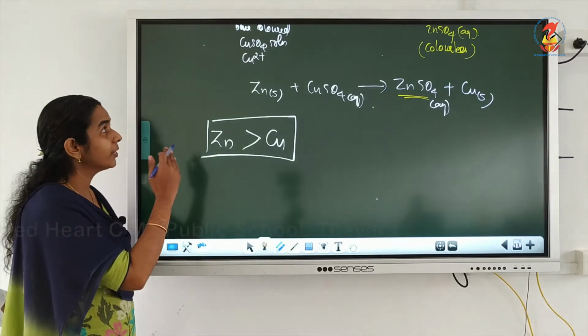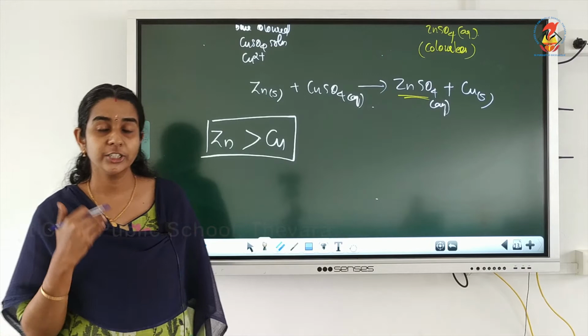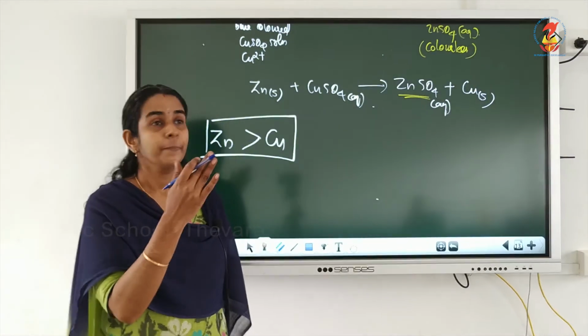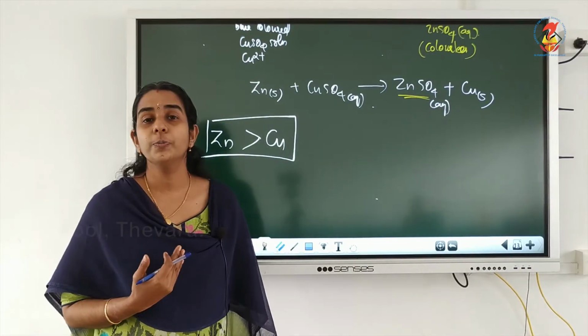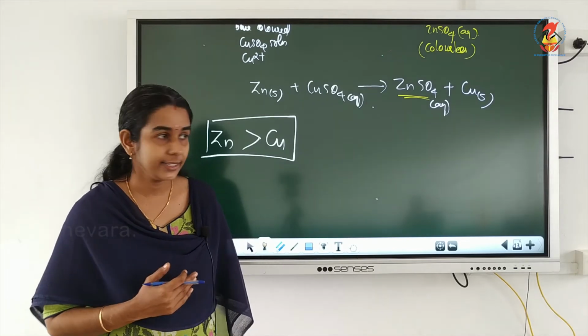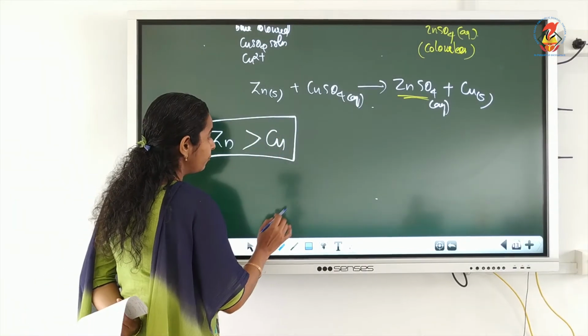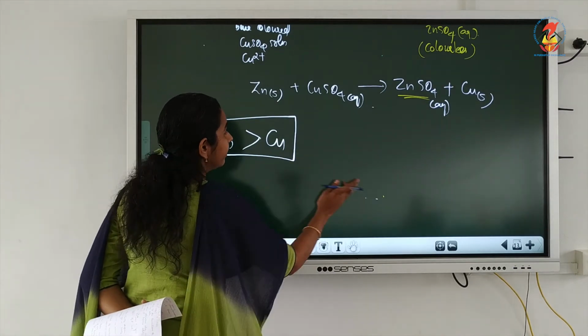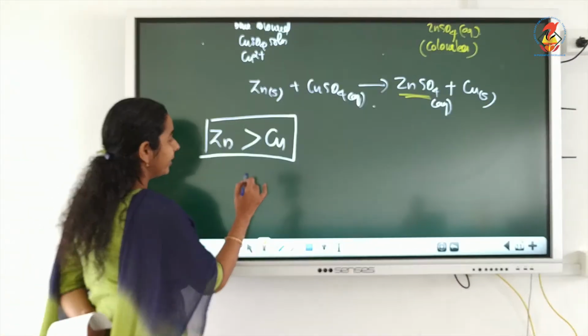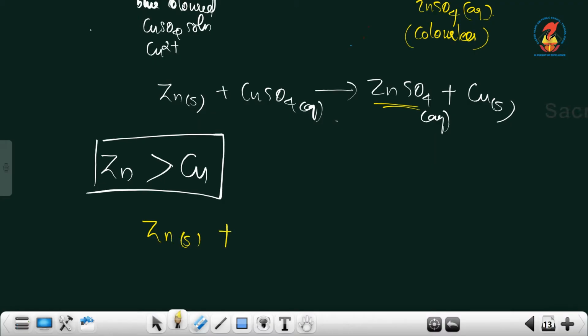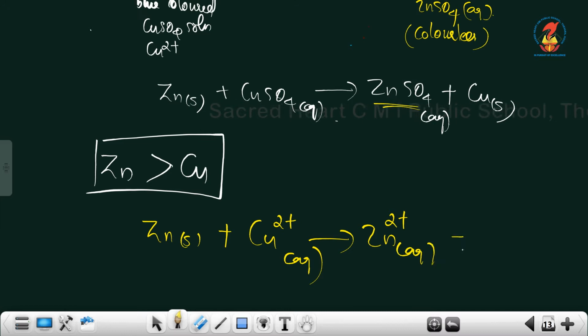Only if there are Cu2+ ions present in the solution, it shows blue color, and when there are Zn2+ ions, it becomes colorless. And if we write the ionic equation, we can write it as Zn solid plus Cu2+ ions in CuSO4 gives Zn2+ ions in ZnSO4 plus Cu solid.